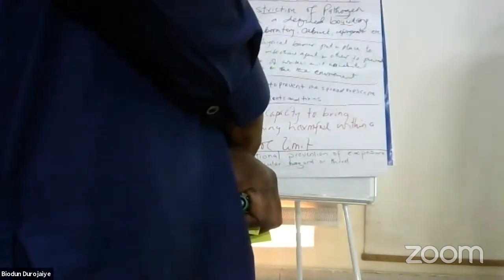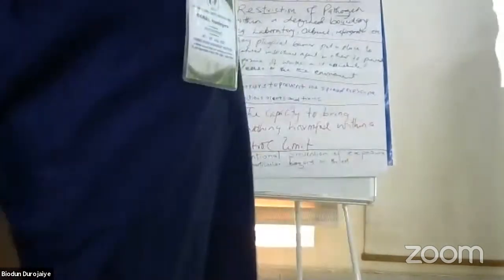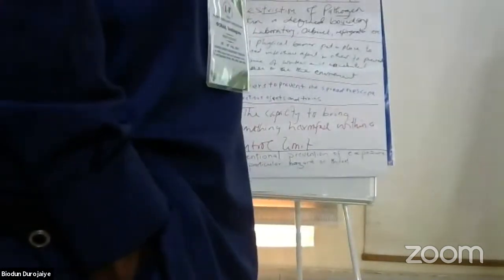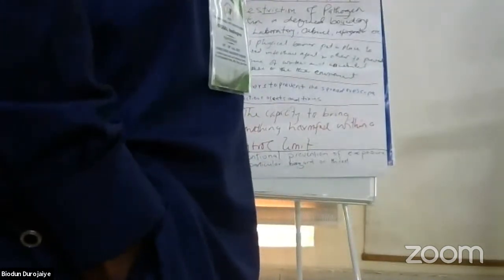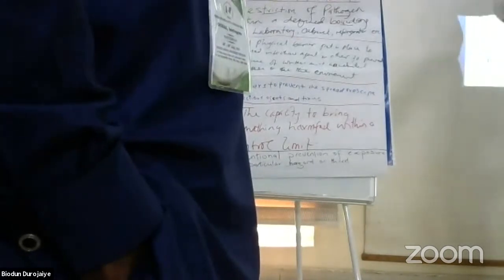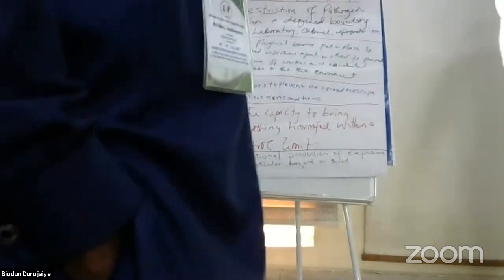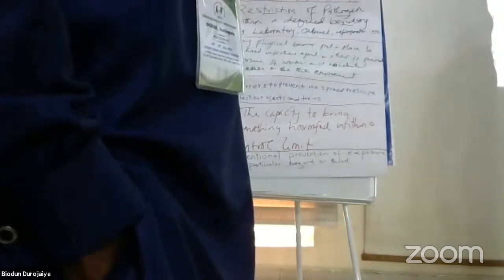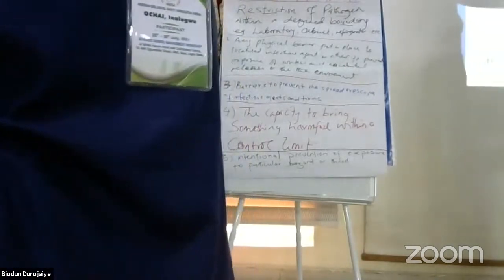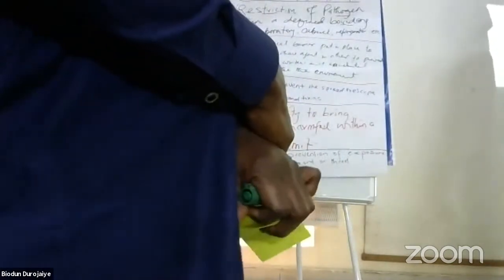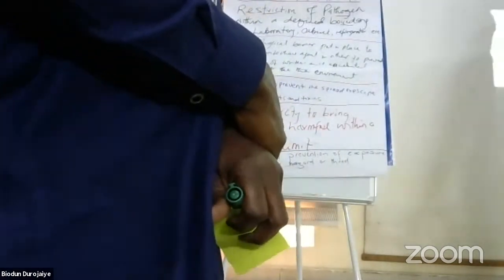What is that control limit? In such a way that it cannot live in a particular environment, the item is kept to where it's not supposed to be. Okay, what we are talking about is restriction of a biohazardous agent. Thank you very much.